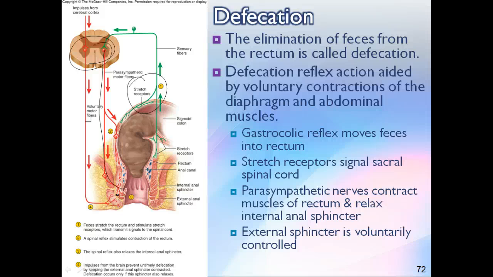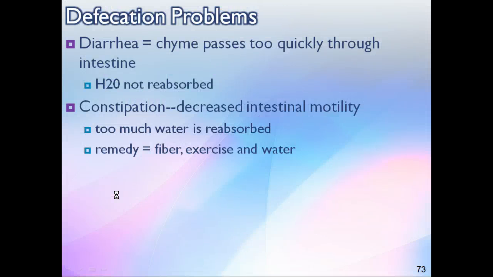Of course, that may not always be possible. This is why we have that external anal sphincter for control over defecation. Although it is not something you want to control too heavily, since defecation problems are quite common.